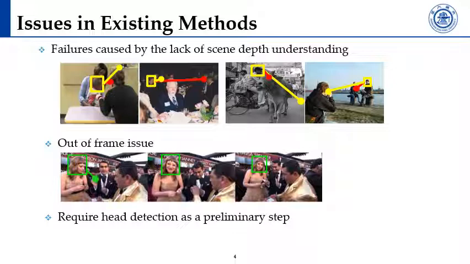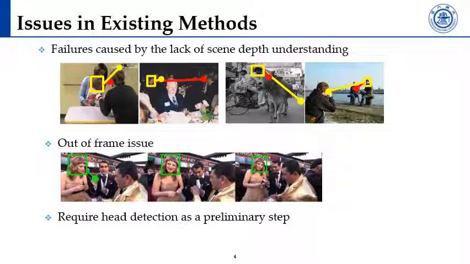Here we see the yellow line is the ground truth sightline, and the red line is the predicted one. The reason for failure is the gaze estimator is unable to know whether the human is looking forward, backward, or sideward. Okay, so the failures are caused by the lack of depth understanding.